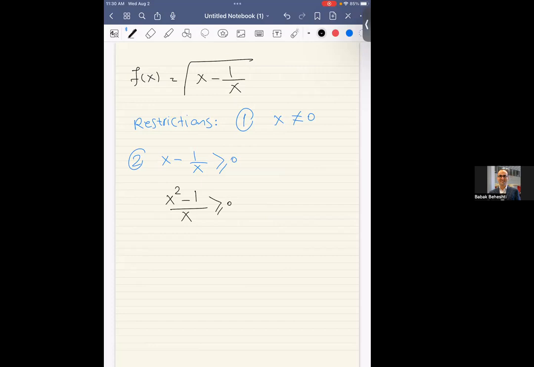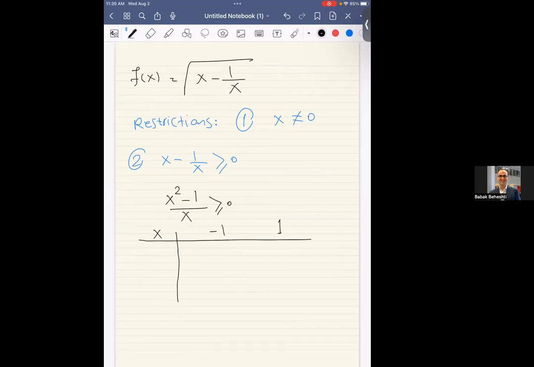Again, you can make a chart. So what are the zeros of the numerator? The zeros of the numerator are -1 and 1.